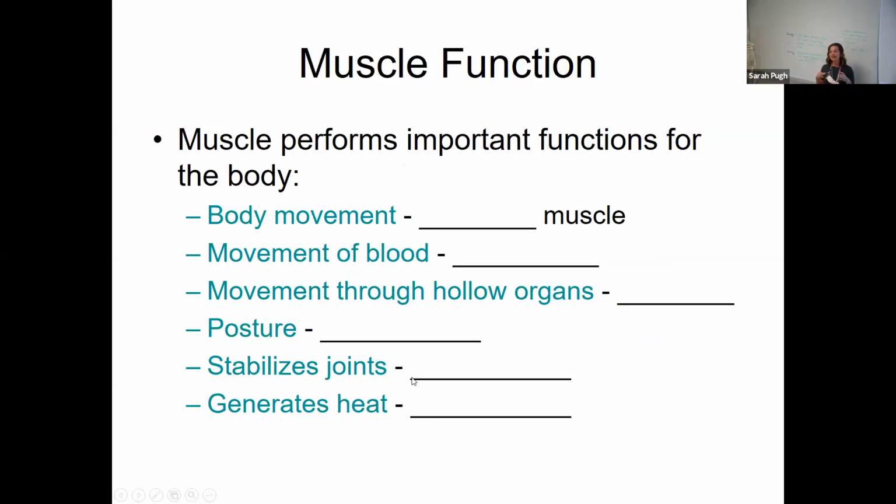Now, we also have some other functions for our muscle. They do perform some important functions for the body. One would be body movement. Now, as we go through these, you're going to tell me which muscle provides these different functions, right? So which one is involved in overall body movement? Y'all have to tell me. Skeletal. Yes.